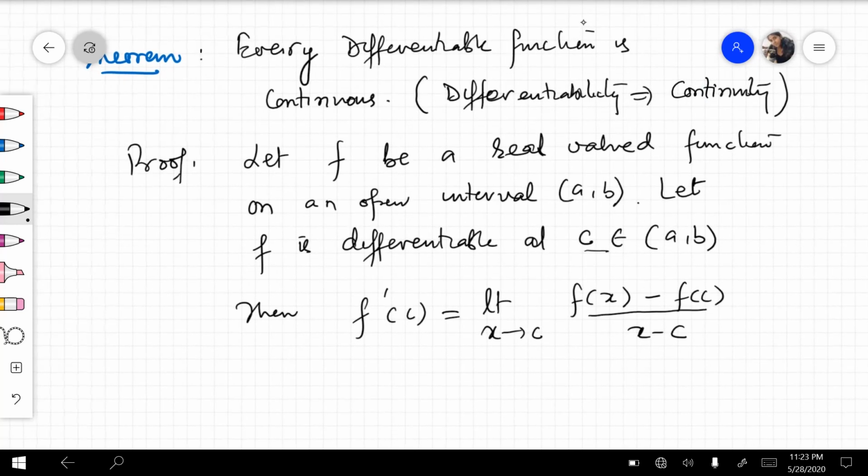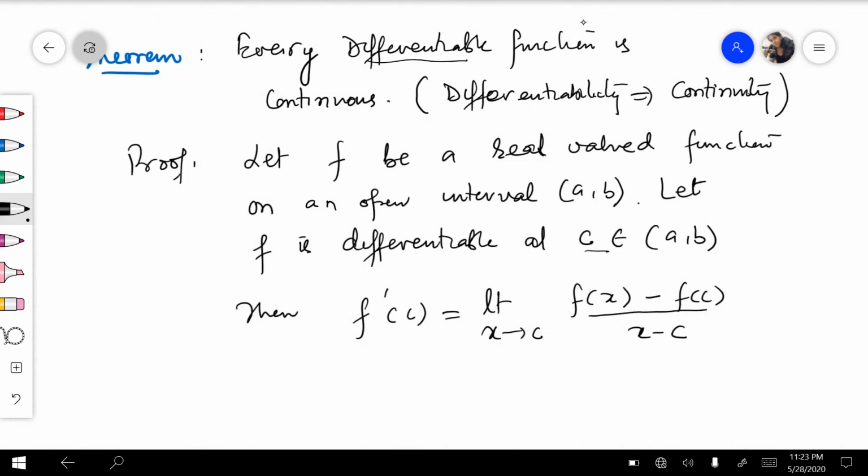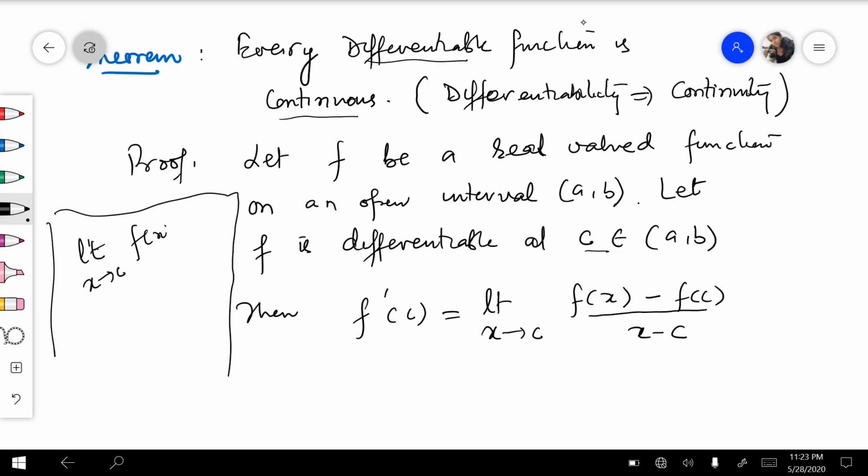Now, if this function is differentiable, we need to show that this function is continuous. And we know, if you remember the continuity chapter, a function is continuous if limit x approaches c of f of x exists and limit x approaches c of f of x is equal to f of c.